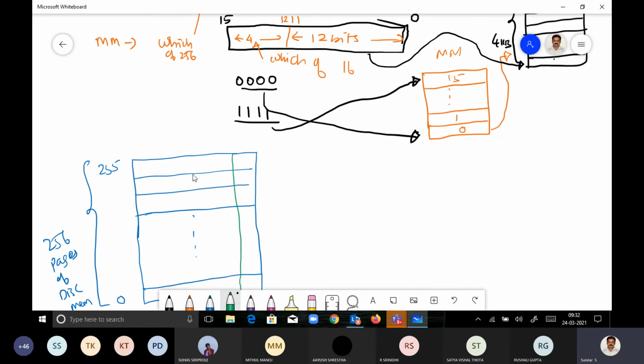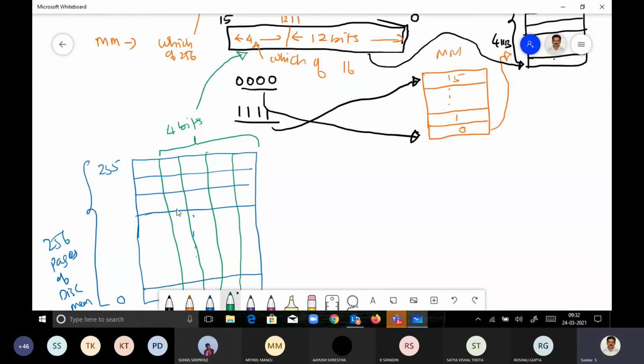So 1, 2, 3, 4 columns, 4 bits, based on the number of bits used here.